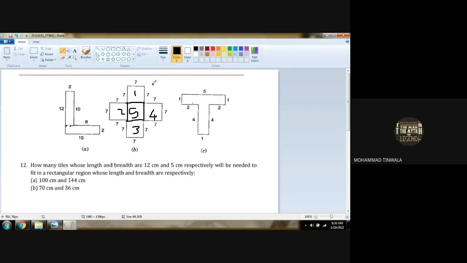In this figure, how many squares do we see? 5 squares. So if we see here 5 squares, can I take the area of a square formula, side into side, and can I find 1 square area? 7 into 7, that is 49 square centimeter.